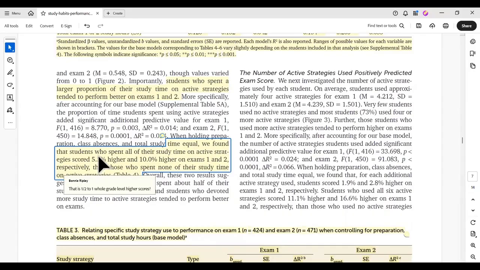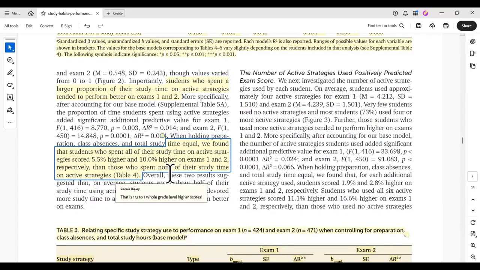All right, so 5.5% higher on exam 1 and 10% higher on exam 2 than students who spent none of their study time on active strategies. All right, so this is a whole grade higher. You would go from an 80% to a 90%. You switch to active strategies, right?